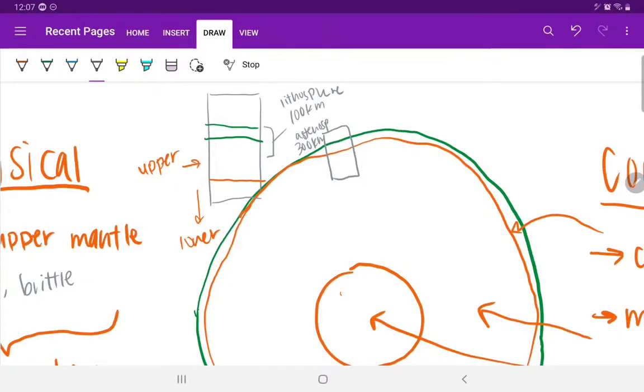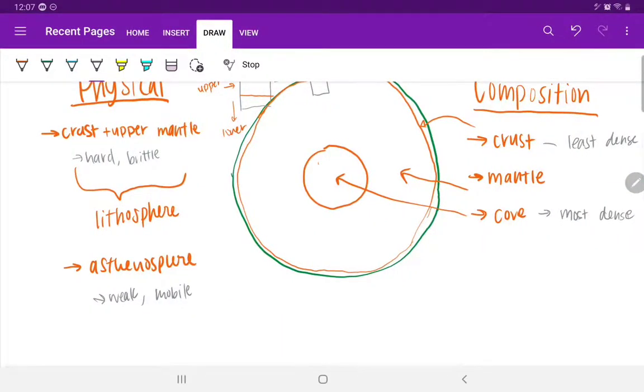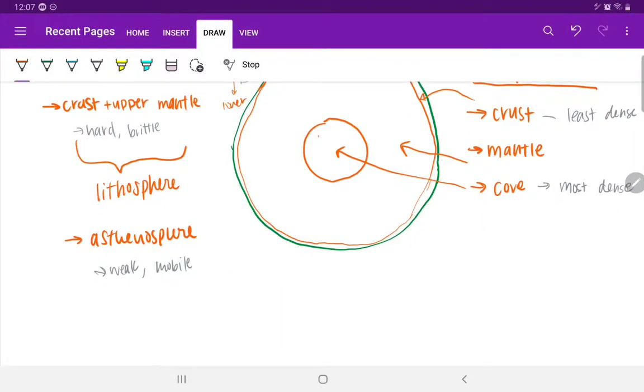So together they span maybe the first 400 kilometers of Earth's internal structures. And then, of course, below the asthenosphere, we go into the lower mantle. So that's actually it. After the asthenosphere, we have the lower mantle, and sometimes it's also known as the mesosphere.